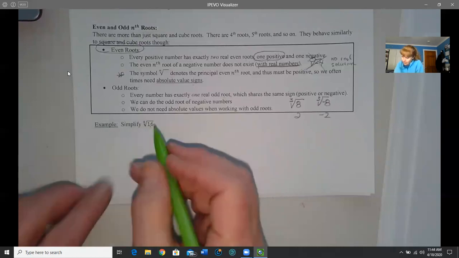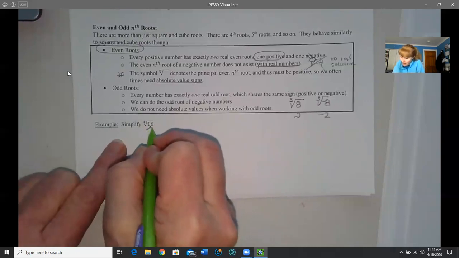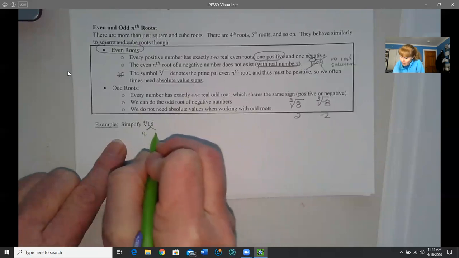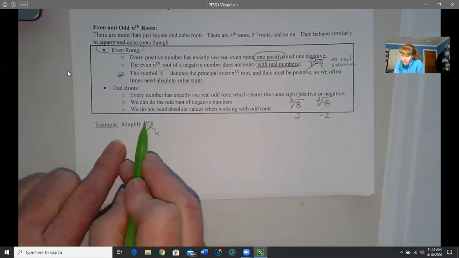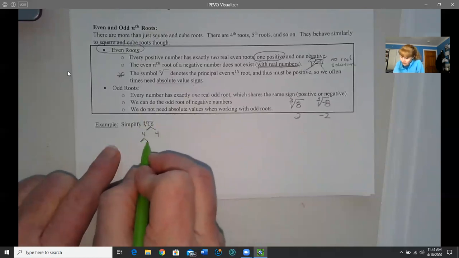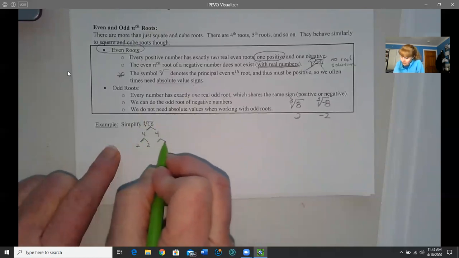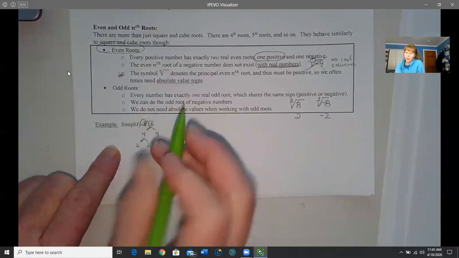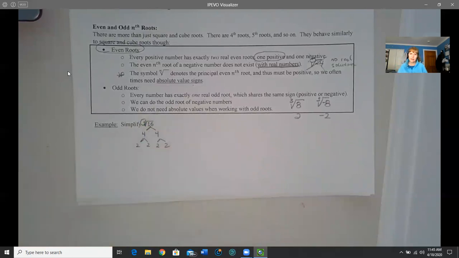Okay. But here, I'm just going to go ahead and break it down. This is 4 times 4. Without that 4, if I just wanted the square root, then I would be done. Here, I'm going to keep breaking these down. I need 4 of something that I'm multiplying together.